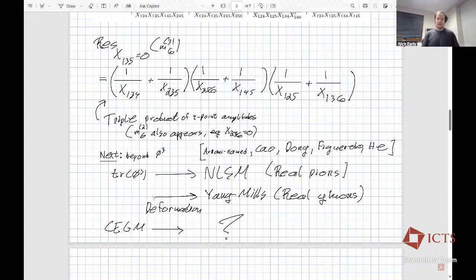The moral of today's talk is that there is an analog of this story for CGM, and we have an analog of the NLSM, the nonlinear sigma model, amplitudes for real pions. And just like for trace phi cubed, we also have this notion of backwards compatibility.